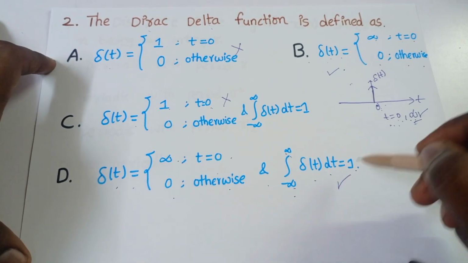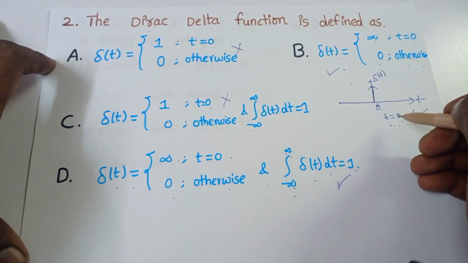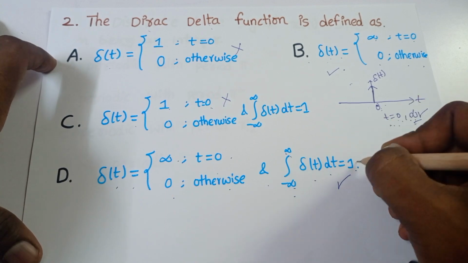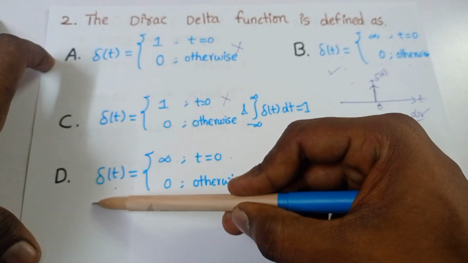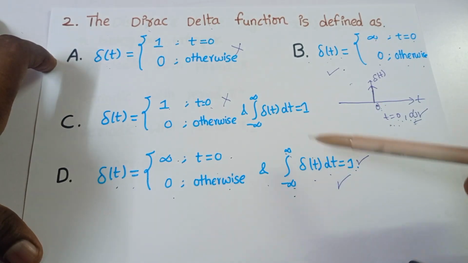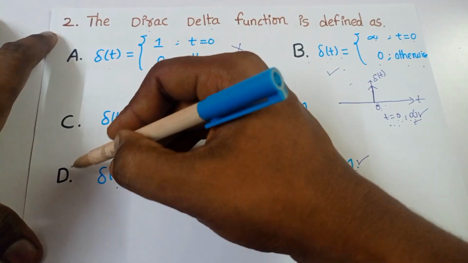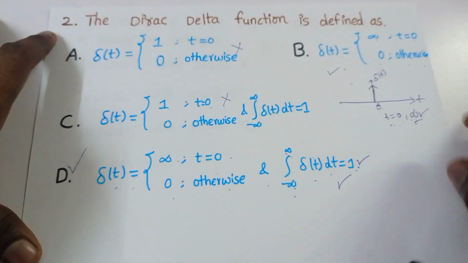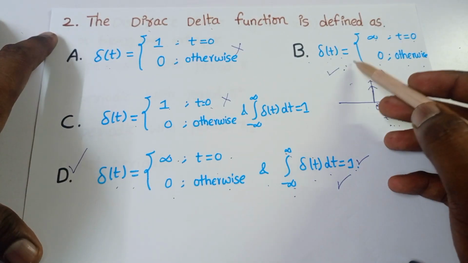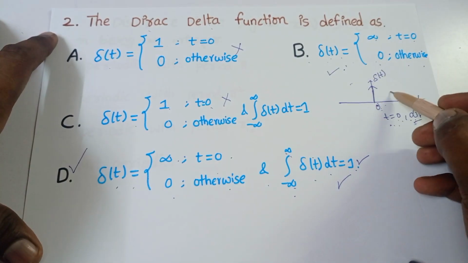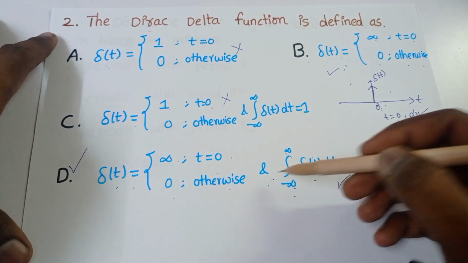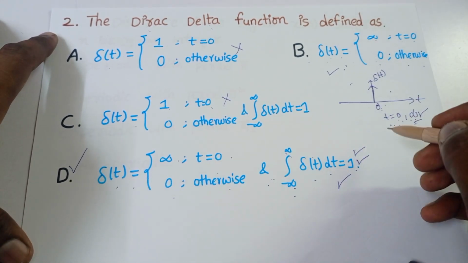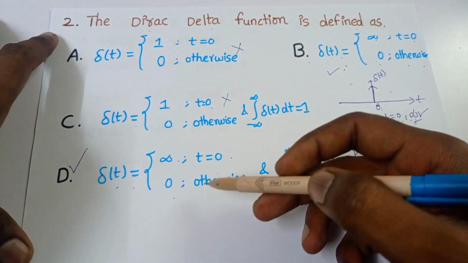Remember this one: when we perform the integration for the impulse signal, it will give the result as 1. So for option D, both the conditions are satisfied. Okay, so the correct answer is D. Here B is also a mathematical representation for the impulse function, but in option D the second condition is also satisfied. So the correct answer is D.